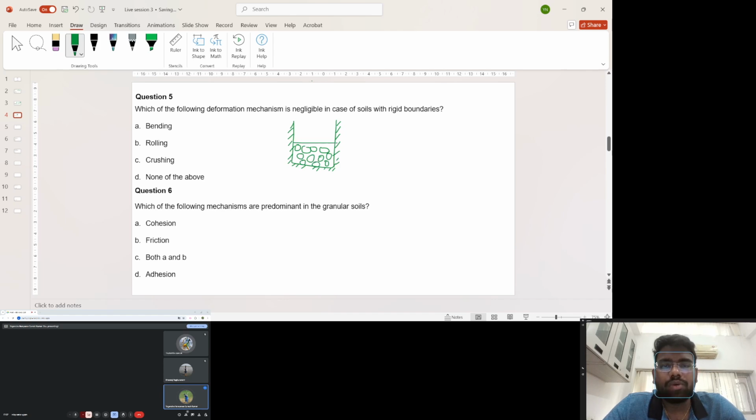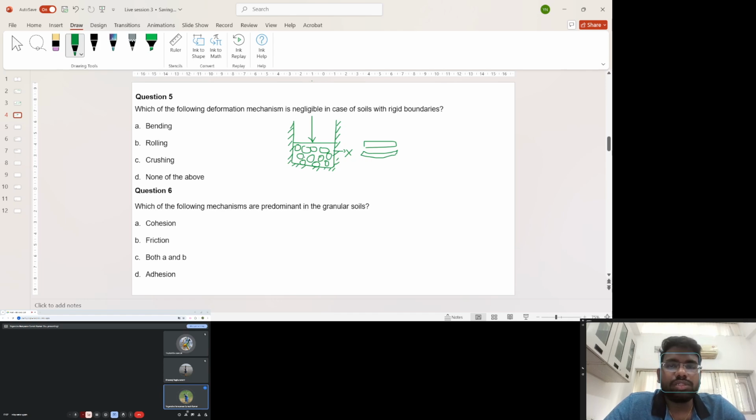and you apply load, they cannot roll over this side. The only aspect is that when the particles are more platy structures, they will bend, which occurs in clays.